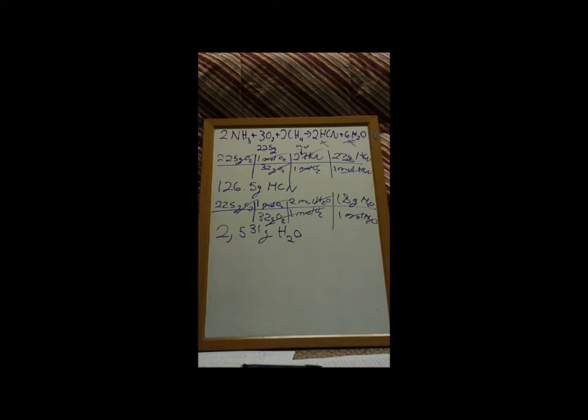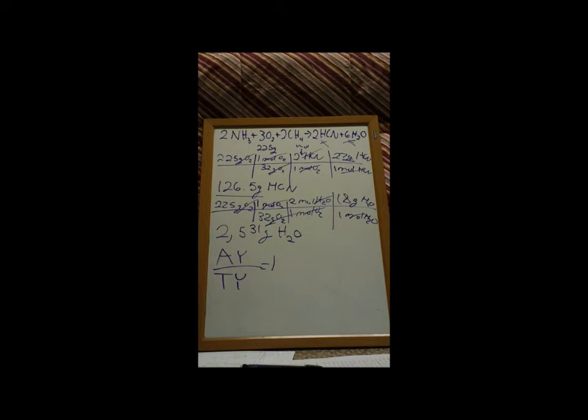Now for the second part, it says if the actual yield of the experiment in B is 105 grams HCN, and we got 126.5, calculate percent yield. The formula for percent yield is actual yield over theoretical yield.